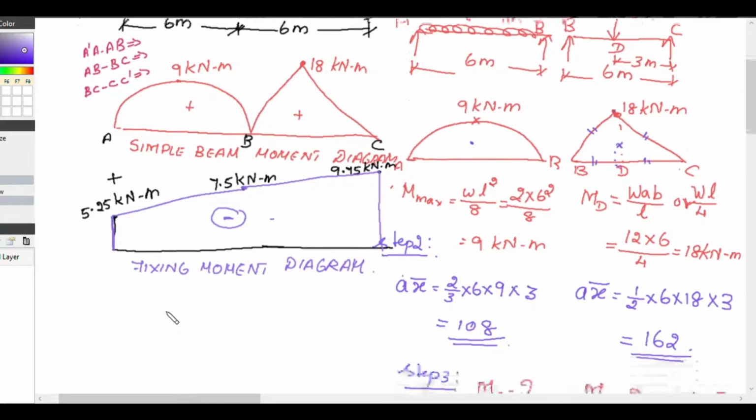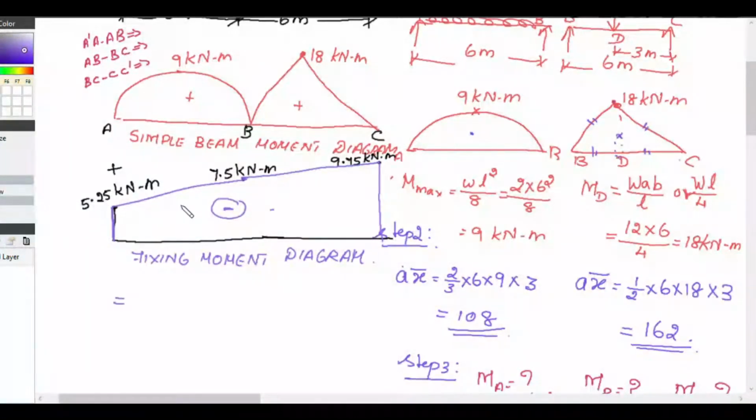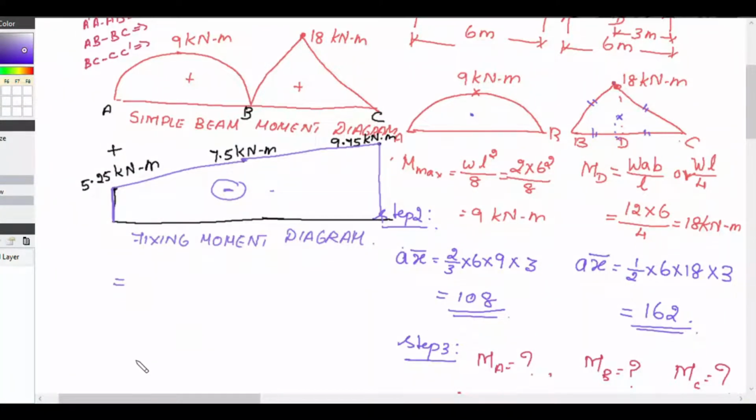Now the final bending moment diagram for the given beam will be the addition of the simple beam moment diagram and the fixing moment diagram. In the simple beam moment diagram, the moment is positive everywhere. In the fixing moment diagram, the bending moment is negative. So we will combine both.